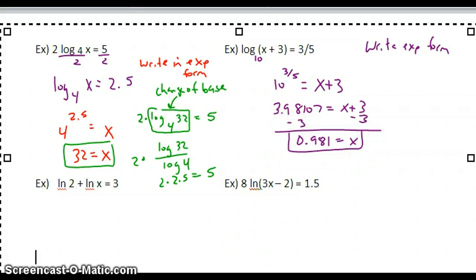If I'm not sure if this is right, we can go through and check it. Take the log of 0.981 plus 3, and when we do that we should get 3/5. Now because this is log base 10 already, I can actually just type that right into my calculator.